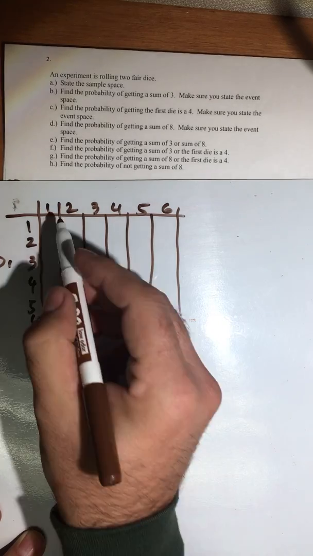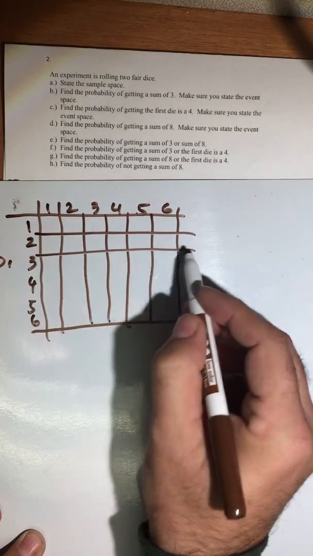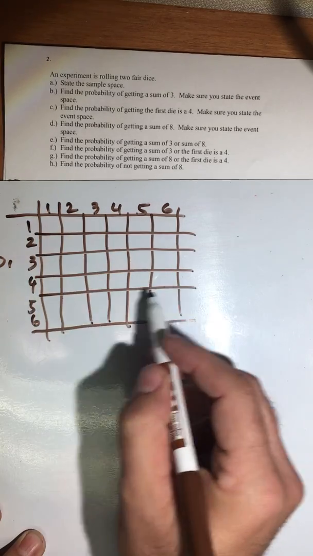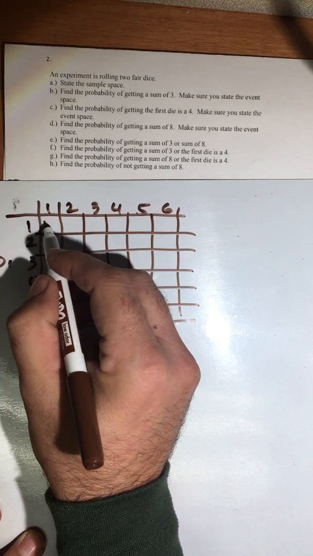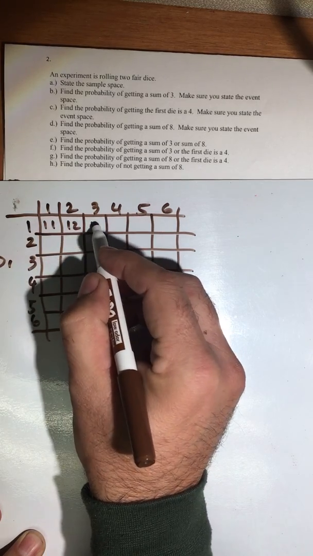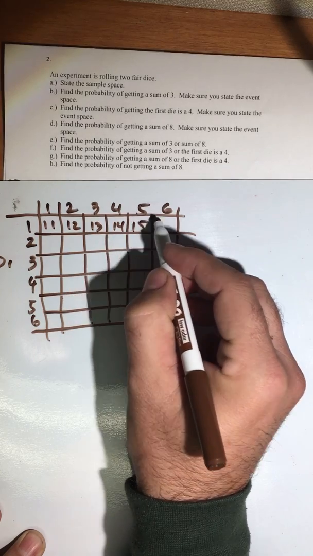I'm not going to make this whole chart out, but you can see there's a total of 36 outcomes. This would be a 1 and a 1, this would be a 1 and a 2, 1 and a 3, 1 and a 4, 1 and a 5, 1 and a 6.